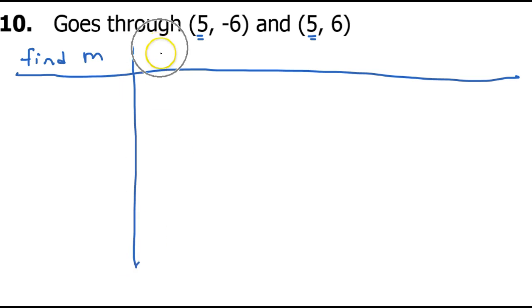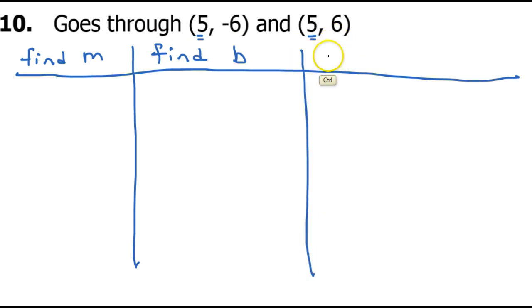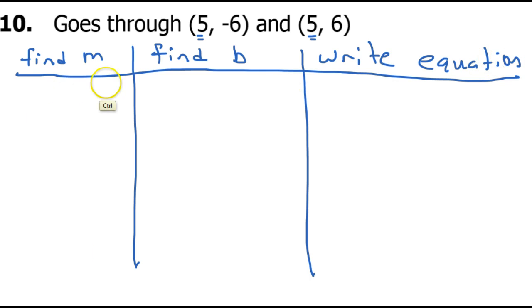And then you'd be like, I've got to find b, the y-intercept. And then once you had that, you'd be thinking, then we can write the equation. But in the process of doing the first step, you're going to figure out that this is a special case where the rest of this won't really make sense.